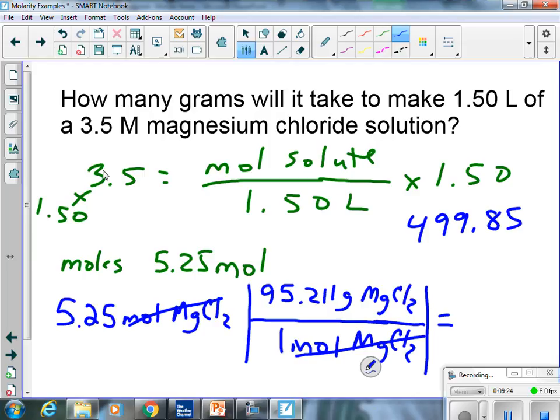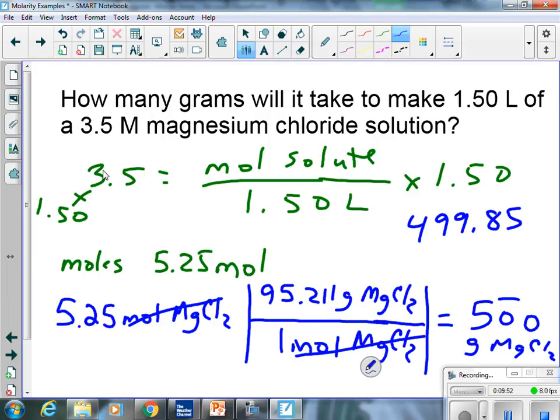It's going to be 500, but 500 is only 1 sig fig. I'm going to put a bar over right there, and I'm going to label that grams MgCl2. The bar says that that number is significant.